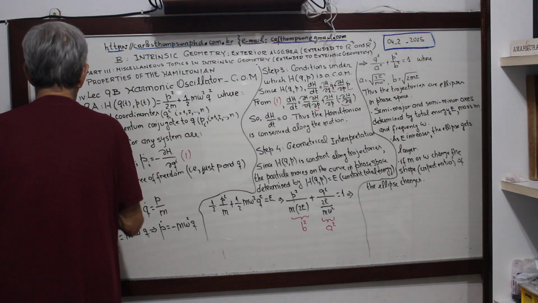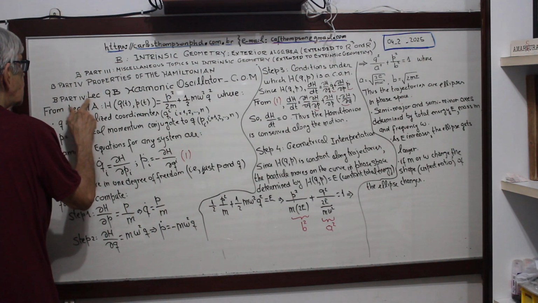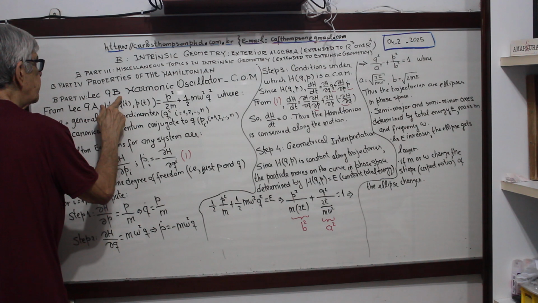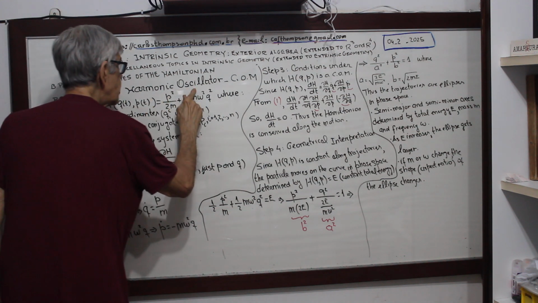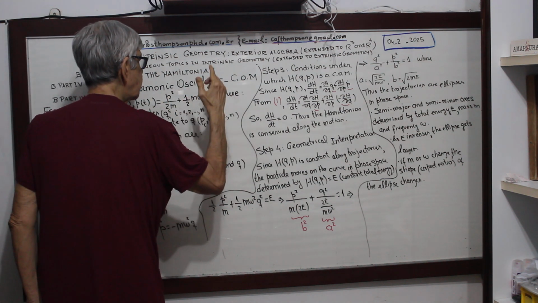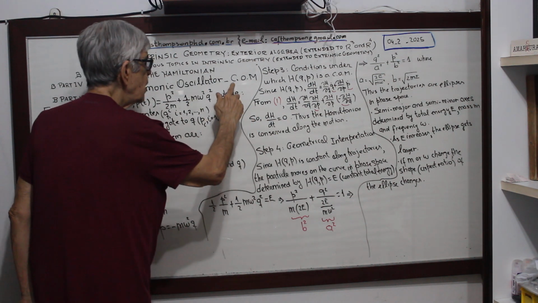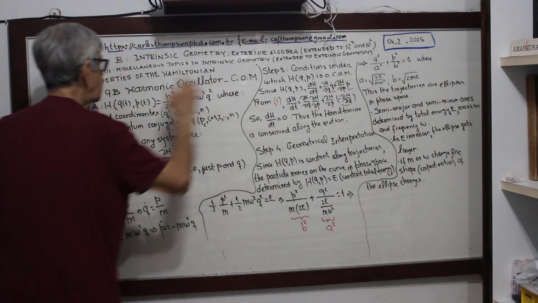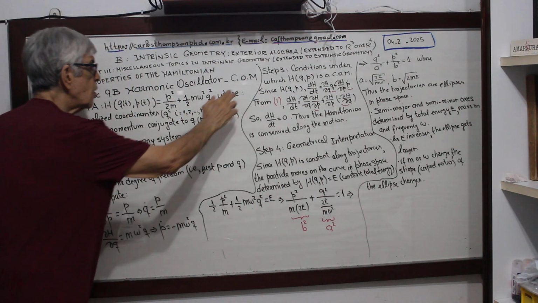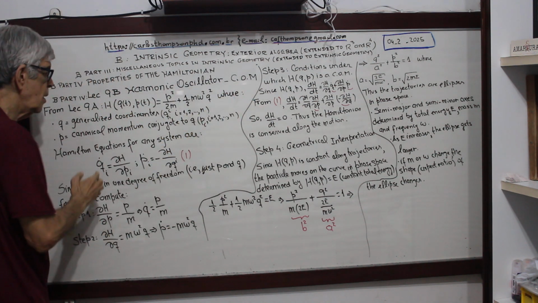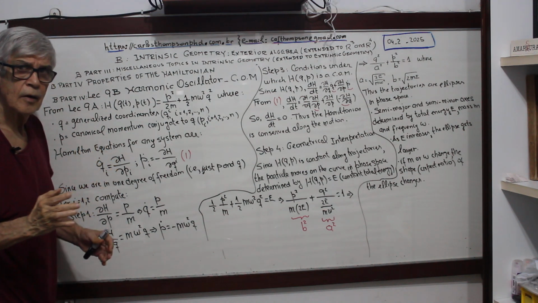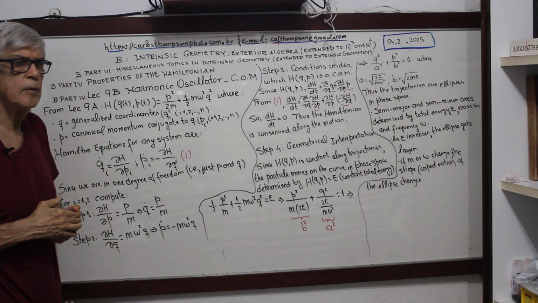So, part 4, lecture 9B, harmonic oscillator. Then I will show, derived for the Hamiltonian, the condition for a constant of motion. Now, you see, lecture 9A.